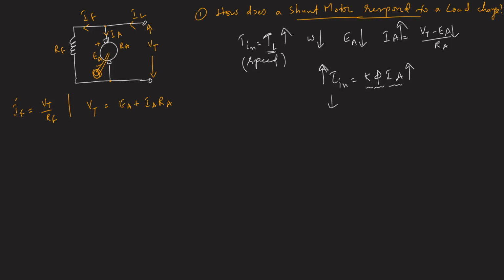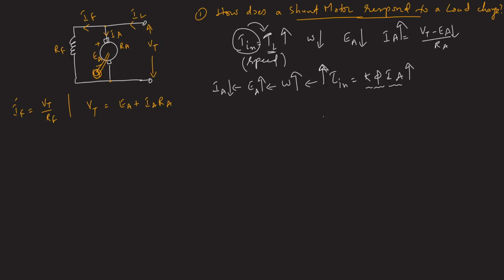This increase in speed again increases Ea and reduces Ia. So it settles down to a new operating point such that the internal induced torque rises to the required load torque.